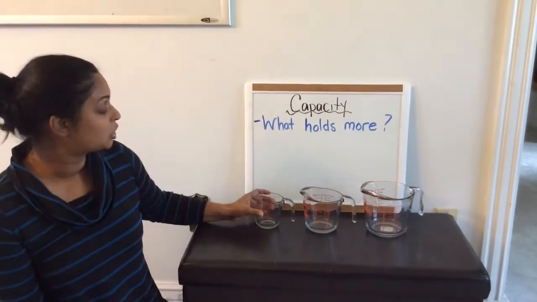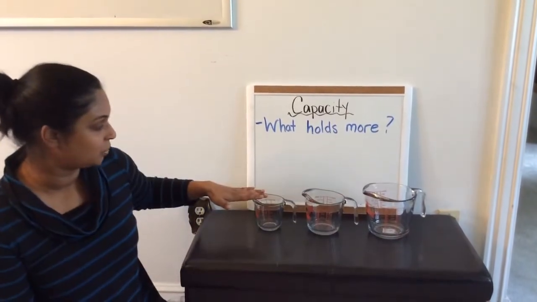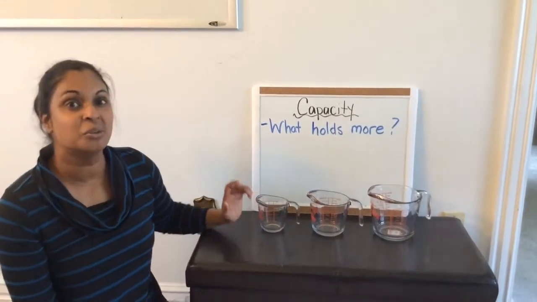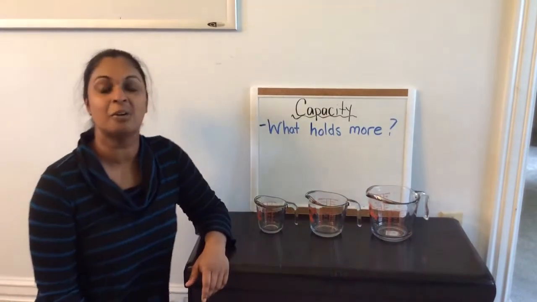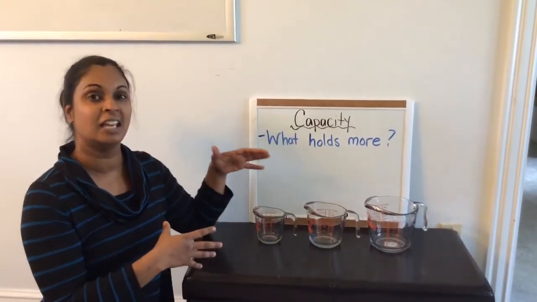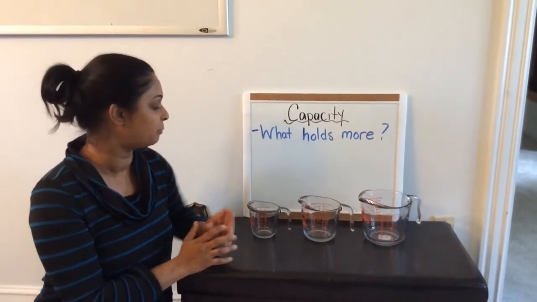So we should know that this one here can hold more than these two, and this one here will hold the least. As you get older, you'll learn about the measurements on the side, but right now you are just thinking about the size of the container and whether you think it can hold more or less than another container.